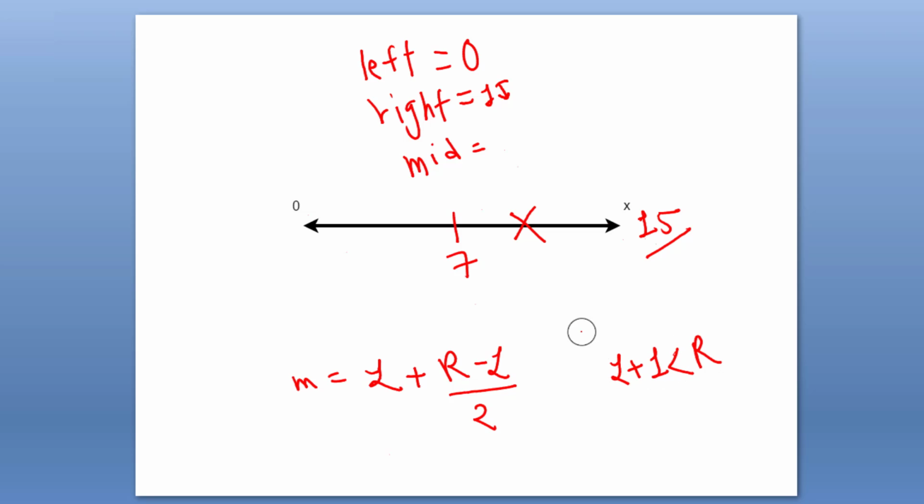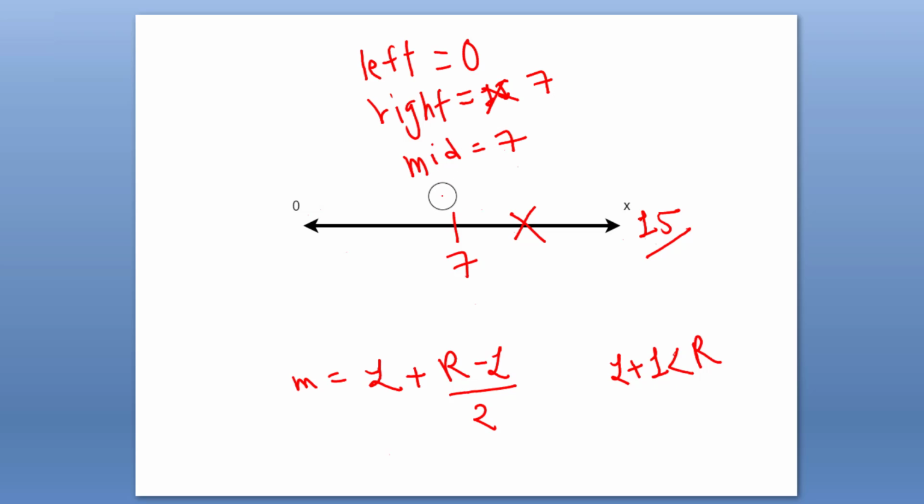Hope it makes sense. For example, in this step that we did, left was 0 and right was 15. Left plus 1, 0 plus 1 is 1. It is less than right, that's why we're going to check it. Again, we are going to check it because left plus 1 is still less than right. Mid is 7. Now, as we have ignored this part, we are going to set our right to be the mid value.